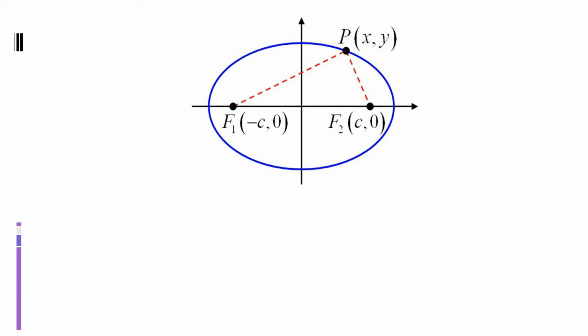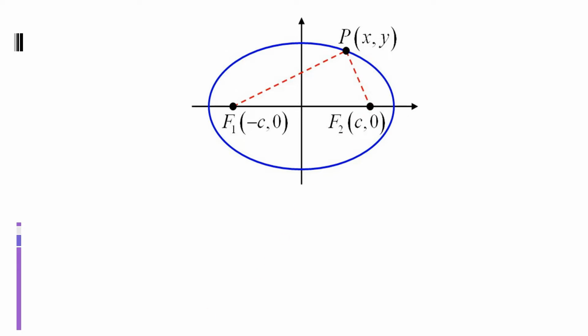So, let's show the equation of an ellipse at center 0, 0, and the principal axis is on the line y equals 0, or the x-axis. So by definition, if we have a point P(x, y) here, yung distance daw nito from the focus 1 plus yung distance nito from the focus 2 is actually a fixed number.